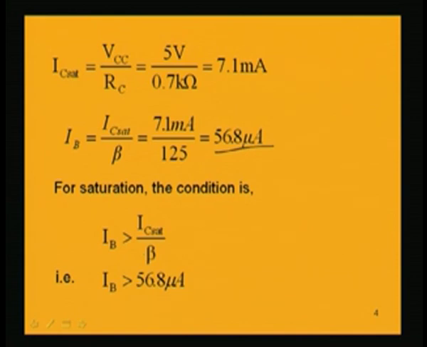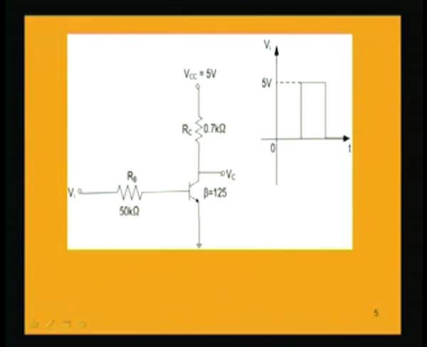If we give an input voltage and adjust the resistances RB, RC, etc., such that the base current becomes more than 56.8 microampere, then the transistor will be driven into saturation, and the voltage at the output or collector, Vc, will be equal to 0.